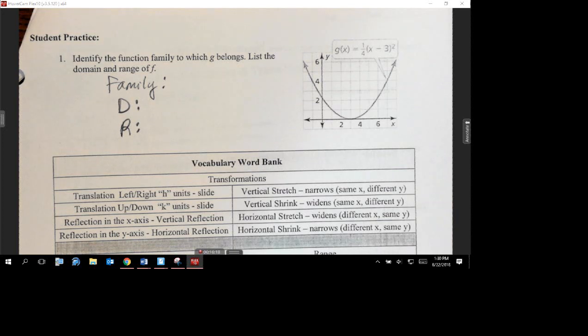Which picture does that one kind of look like? See how it's like, which one goes? This one here? Quadratic. Excellent. Quadratic family.